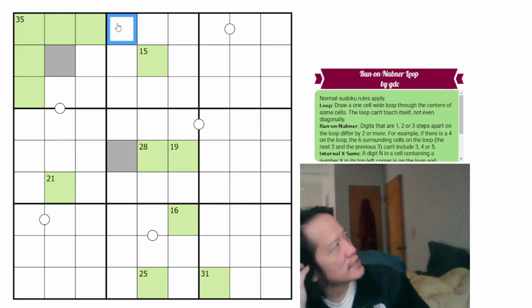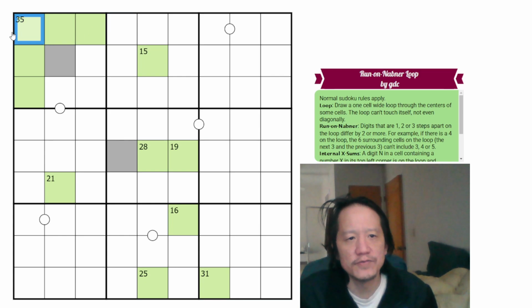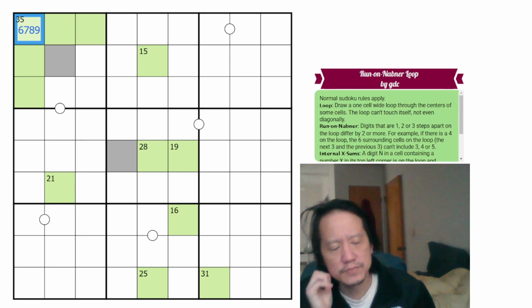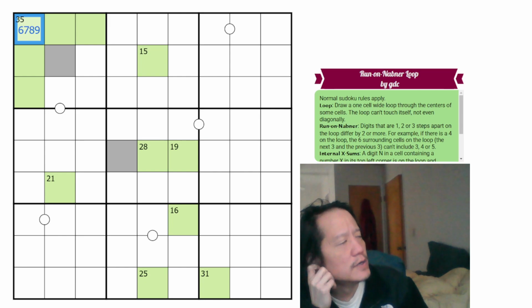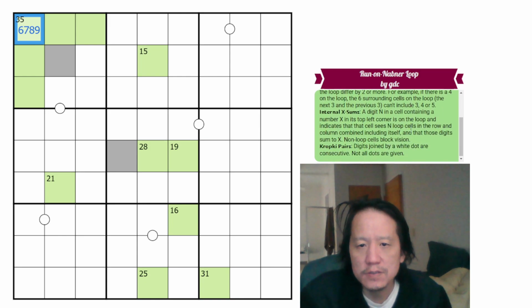Oh wait, no, you can't have 5 or 7 if you have 6. Well, we know this is 6, 7, 8, or 9. If you have 6, you could have 8 and 9 with it. There's a lot of possibilities. We just know it can't be 5, though.